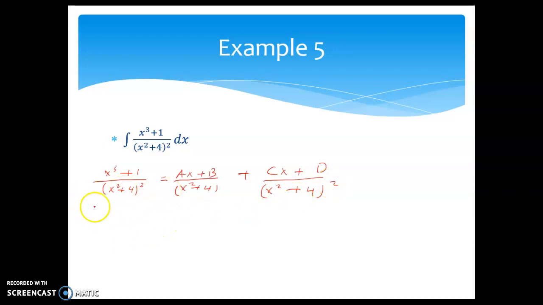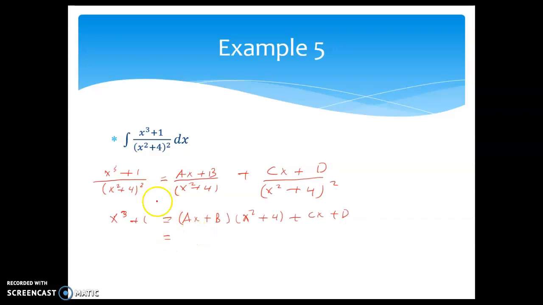And then when we cross multiply, we're going to get x cubed plus 1 equals ax plus b times x squared plus 4, plus cx plus d.